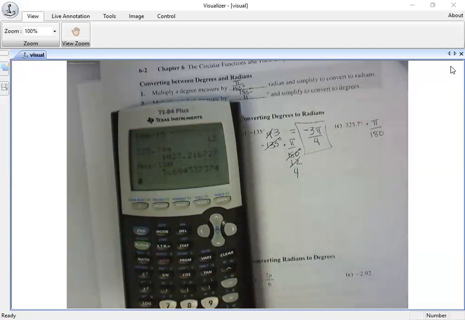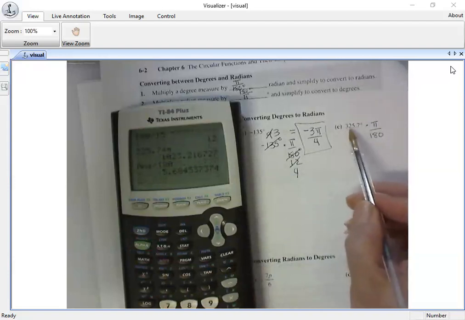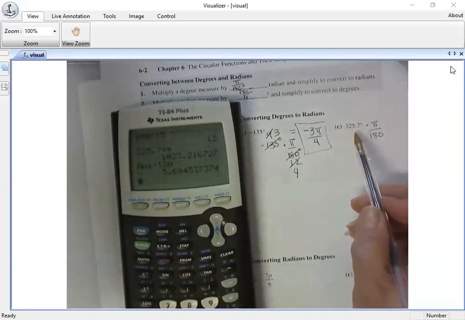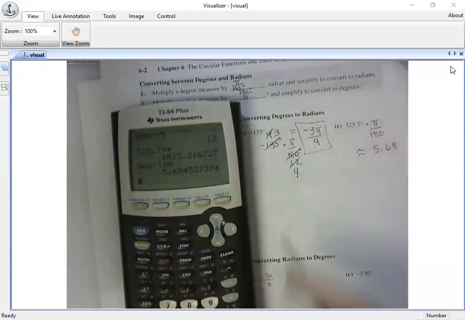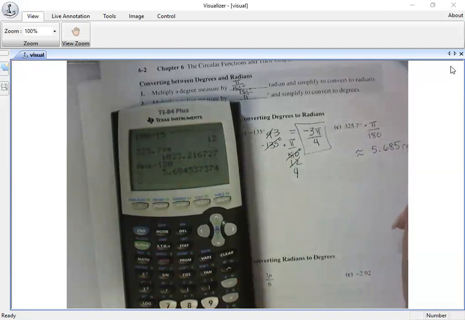And since we have 1, 2, 3, 4 digits showing here, let's include 4 digits in our answer. And that would be about 5.68, what would need to be my last digit? 5 radians.